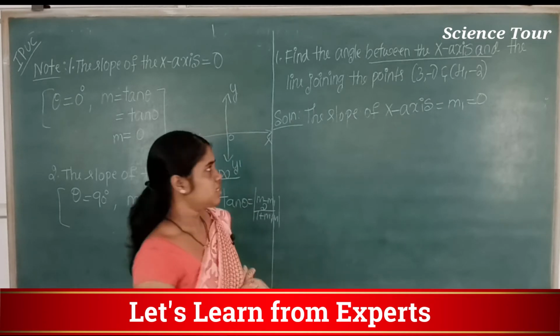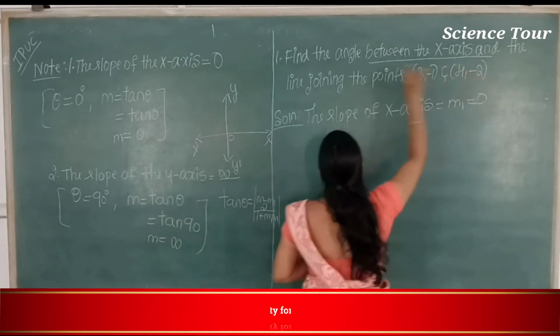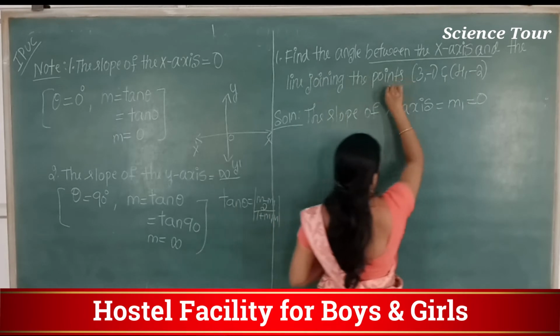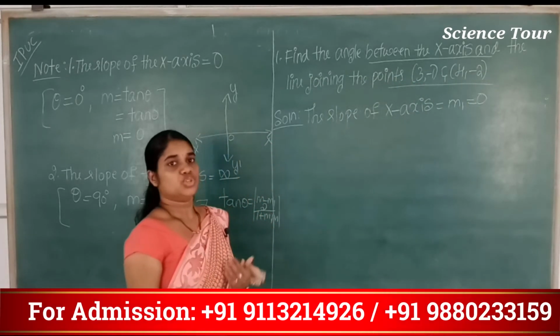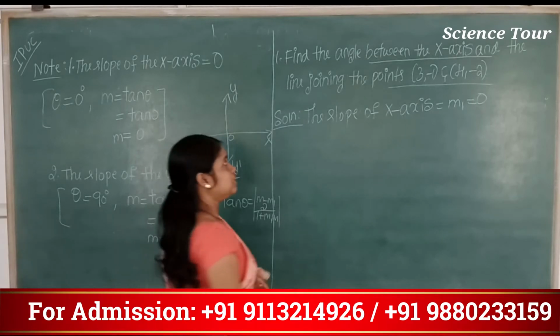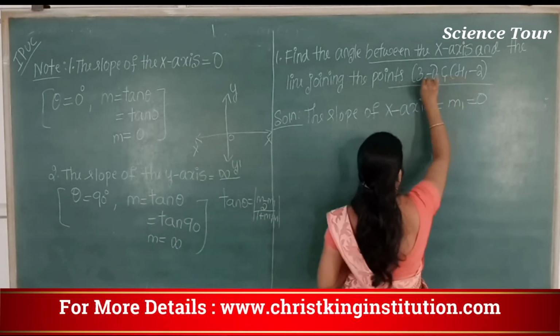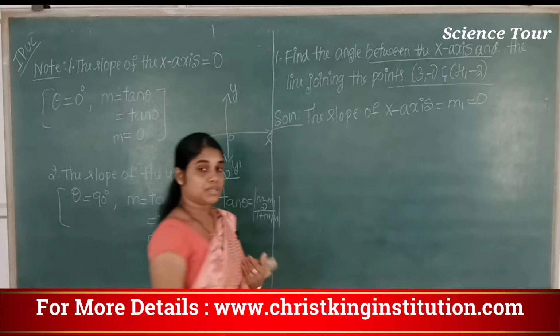We'll come to the next part: the line joining the points 3 comma minus 1 and 4 comma minus 2. Now I'll calculate the slope of the line joining these 2 points, that means the m2 value.